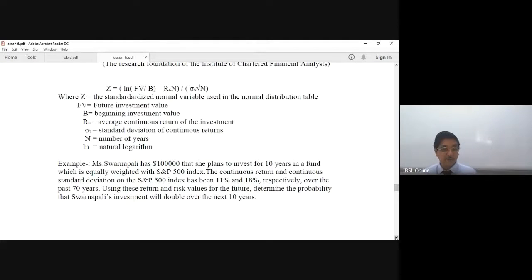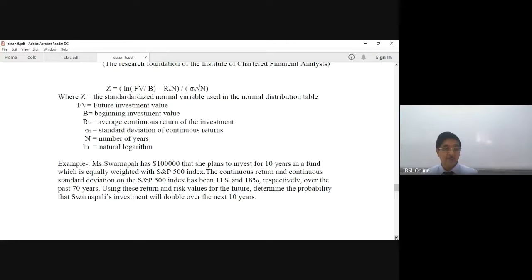So, in such a situation, what is FV? It will be 200,000, because then your measurement will be based on that. So it should be 200,000 and B would be 100,000, and FV divided by B would be 2.